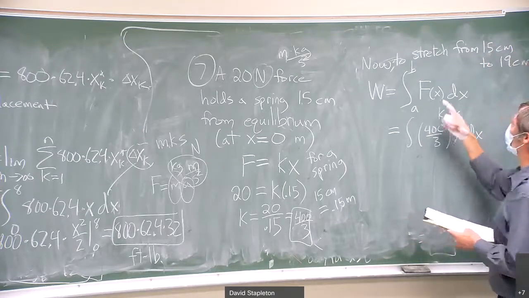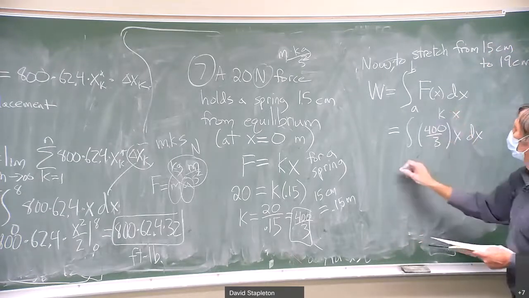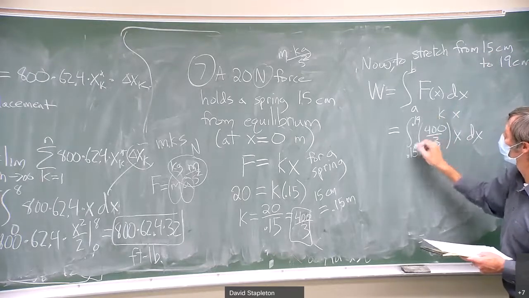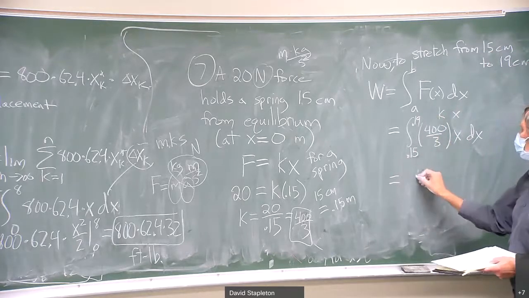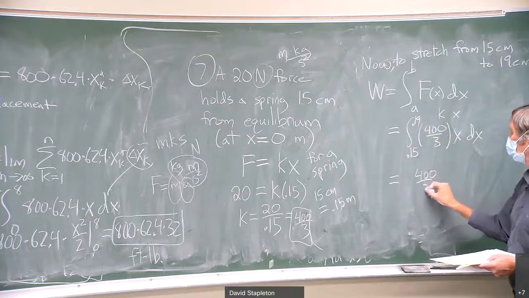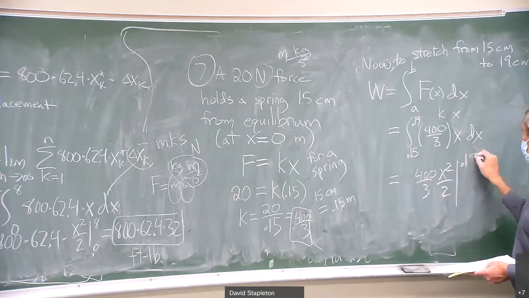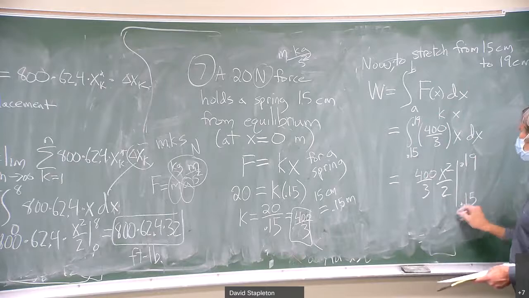You integrate the force, kx, from 0.15 to 0.19 because we're still using meters. So we'll get 400 thirds x squared over 2, plug in 0.19 and 0.15, and take the difference.